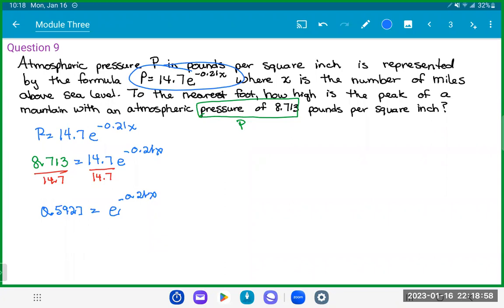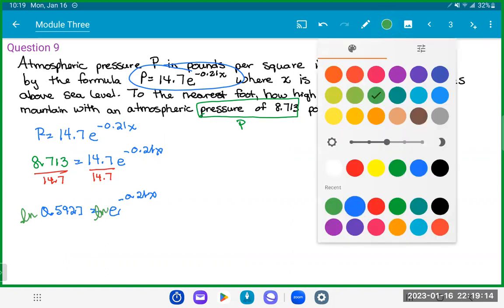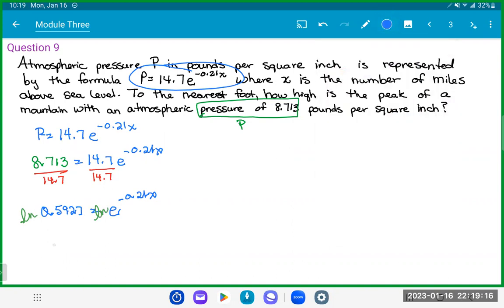Similar to other problems we've worked, we want to get the x out of the exponent, so we can take the ln of both sides. That gives me the ln of 0.5927 is equal to ln e to the negative 0.21x.